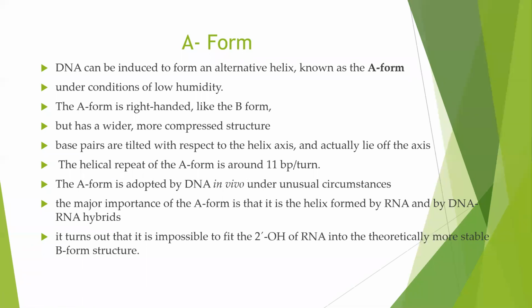A form is not adopted by normal DNA in nature, except under certain unusual conditions. Otherwise, this A form is adopted by RNA and in case of DNA RNA hybrids, because of the presence of the hydroxyl group at the second position of the ribose sugar.